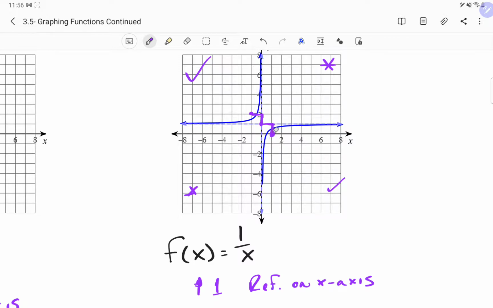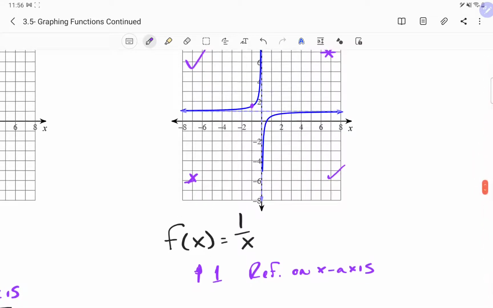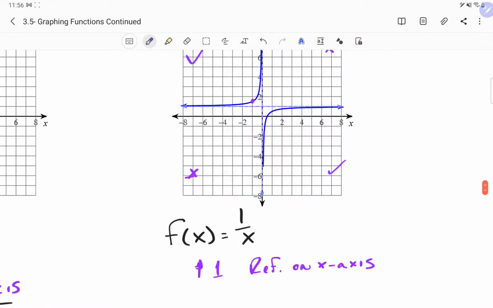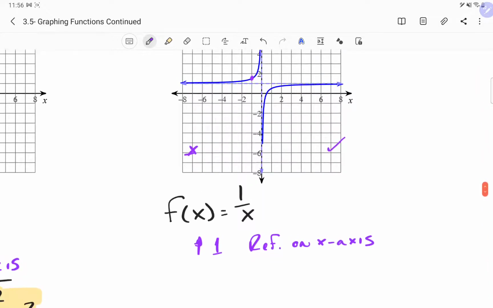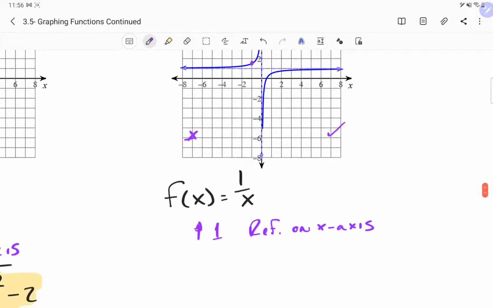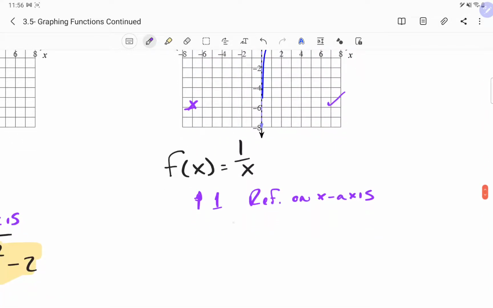We're going to eyeball this and figure out where it actually crosses through here. Notice that this is about halfway. So it is affecting the y value. It's about halfway between these two, and it's affecting the y value. So it's actually a compression of a factor of 1/2.